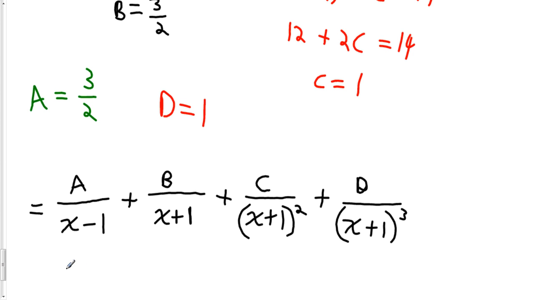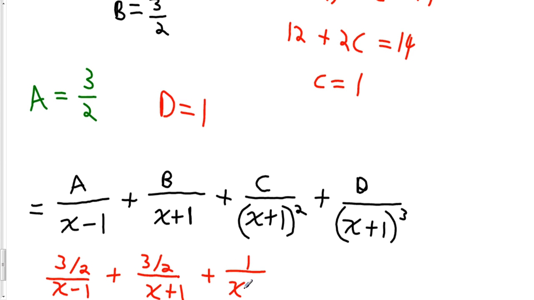A, which is 3 halves over x minus 1, plus B, which is also 3 halves, times x plus 1, plus C, which is 1 over x plus 1 squared, plus D, which is 1 over x plus 1 to the third power.